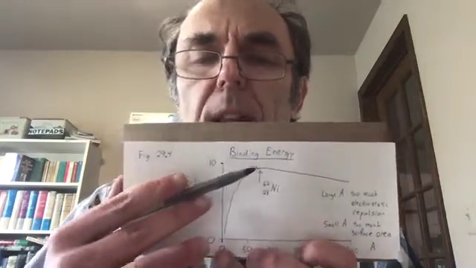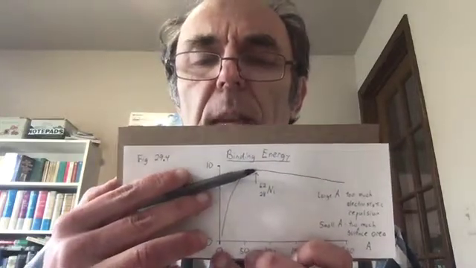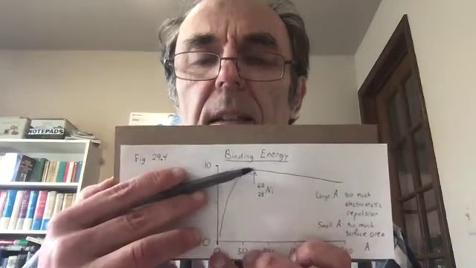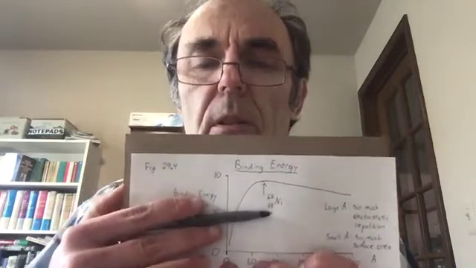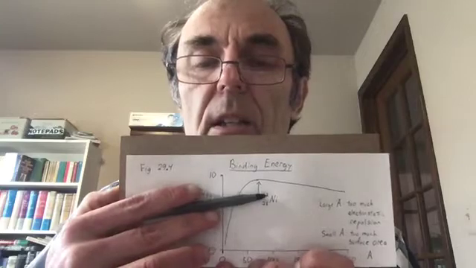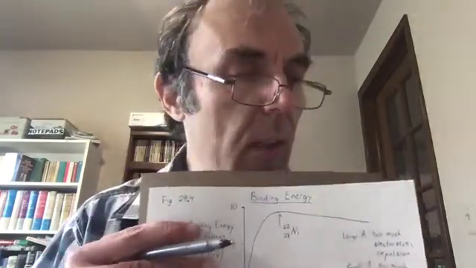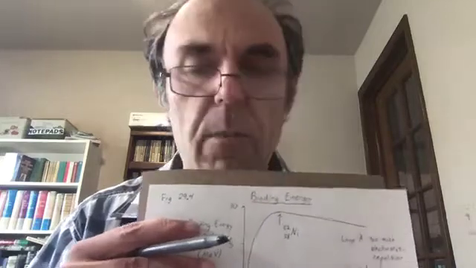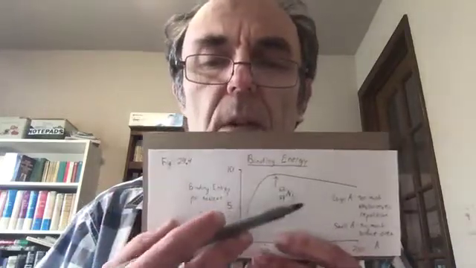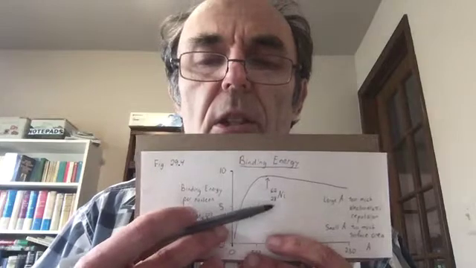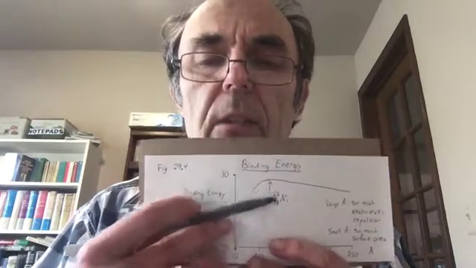And that means that right up here is where the most stable nuclei are. The most stable nucleus of all is going to be nickel-62. Nickel-62 has 28 protons, and if you remember, 28 was one of our magic numbers. So nickel-62 is a particularly stable nucleus.